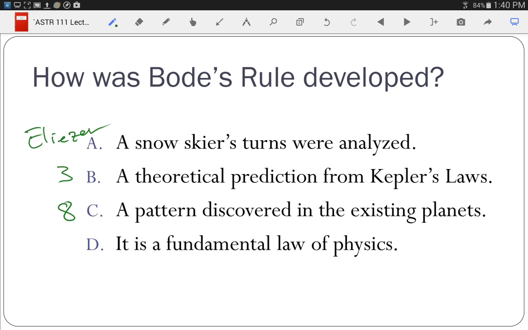I don't think that's related at all to Bode's rule. There wasn't any experiment done. It was just, I see that there's a pattern. Is it B? It's B, isn't it?